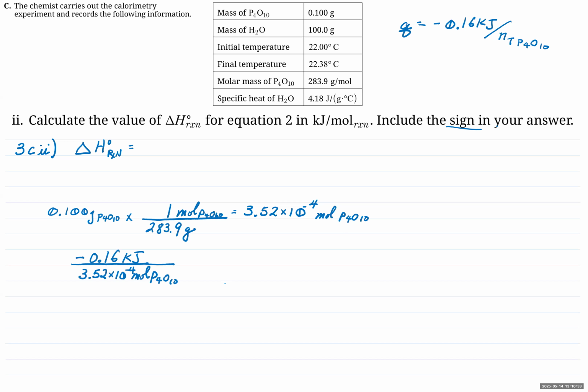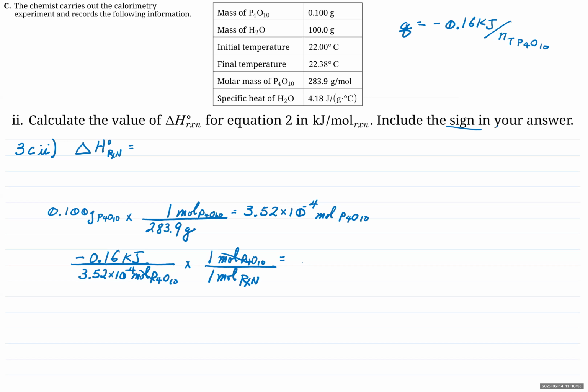All right. But we're not done here because what do we know? We know that we want it per reaction, right? And remember, the stoichiometry is 1 mole of P4O10 to 1 mole of the reaction. And this should give us the proper unit that we need.